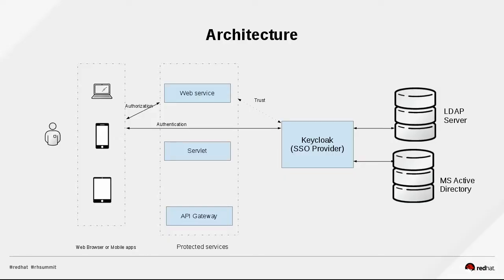The second objective here is to use the standards SAML 2.0 and OpenID Connect, which is based on OAuth 2. So the architecture here is your Keycloak single sign-on server mediates between your enterprise backend, which stores the user or identity information, and your applications, which act as service providers, which use the standards-based token to then make authorization decisions.